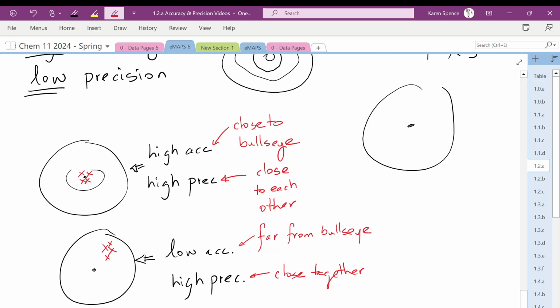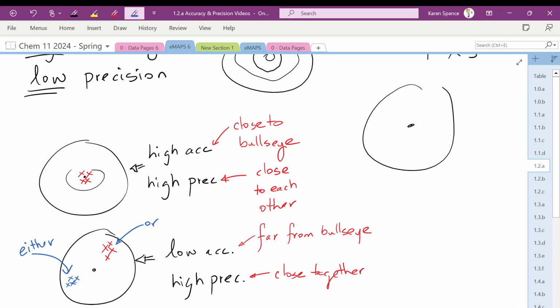Are they close together? And are they far from the target? Yes. Could I put them here? Yes. Okay. Either this, or as long as they're close together and anywhere far apart, it doesn't really matter.